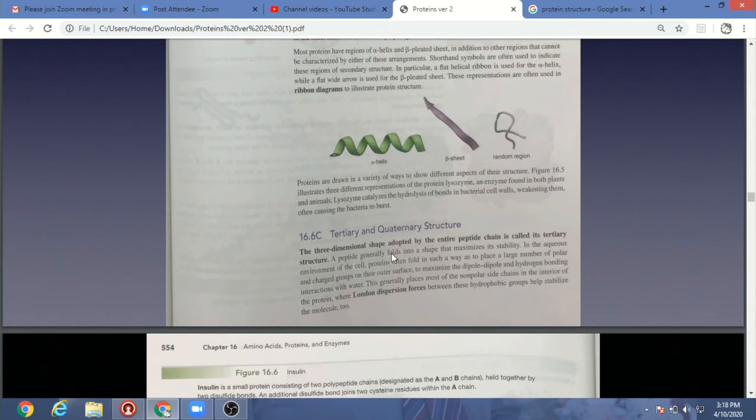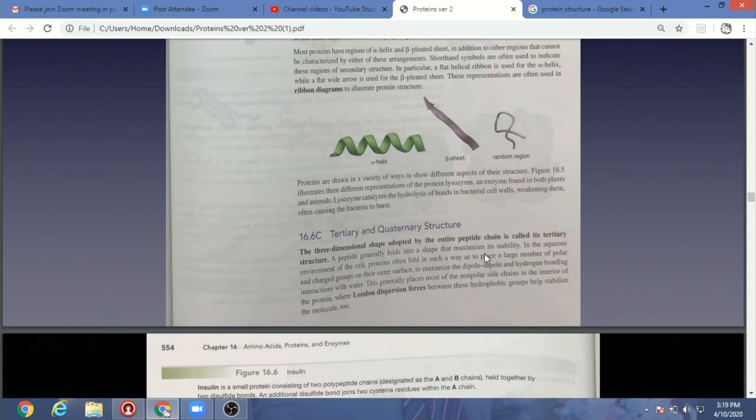A peptide generally folds into a shape that maximizes its stability. So remember, everything wants to be as far away from everything as possible, unless a couple of atoms want to share electrons, which can happen, and we'll talk about that in just a second. That brings things together a little bit. But once everything that should happen as far as interactions go has happened, you're finally going to get your shape, which is the tertiary structure.